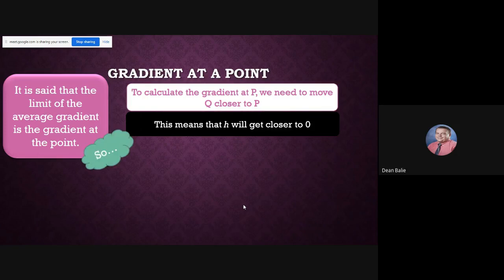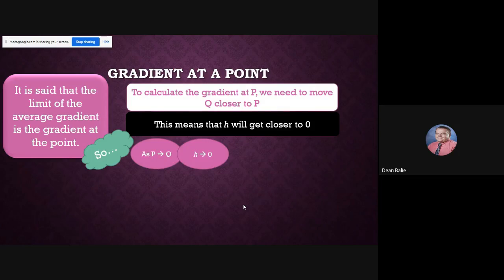So, as P heads towards Q, okay, and in this section, that arrow over there actually means tends to. So as P tends to Q, we can say that H tends to 0.